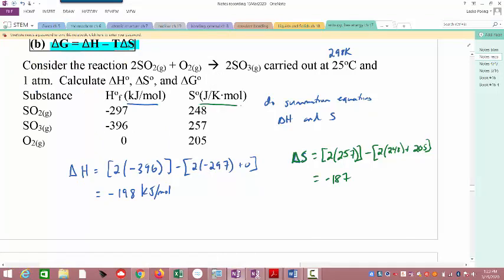But remember, this is in joules per Kelvin mole. So let's change it to kilojoules per Kelvin mole.